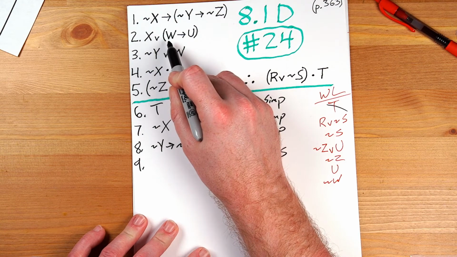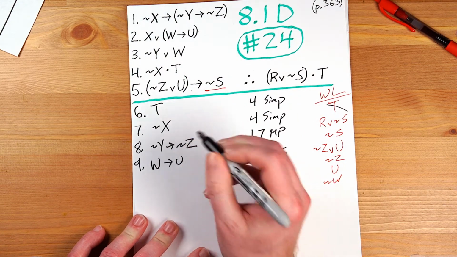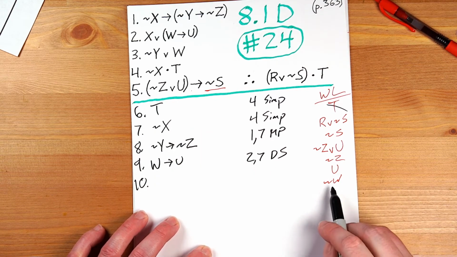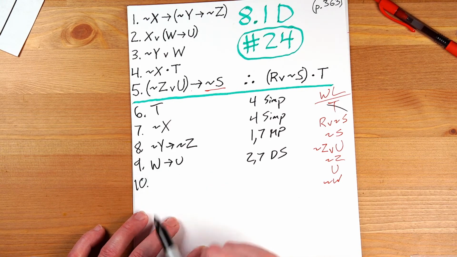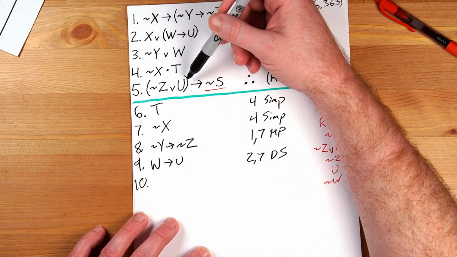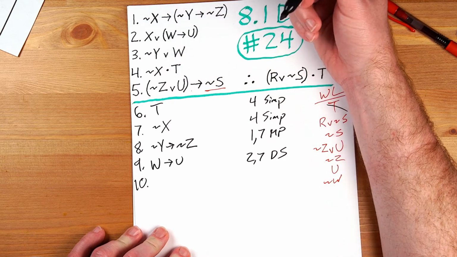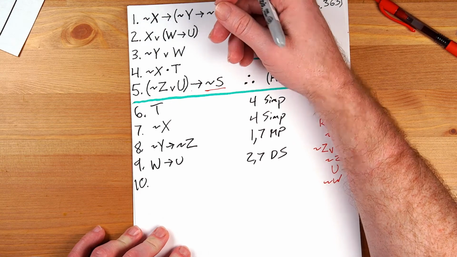It's going to give us W arrow U. Okay. Can we get not W? Well, we need what? We need not U. Oh man, how in the world are we going to get that? We see U down here. We're not even really that close to getting it. Man, what are we going to do?